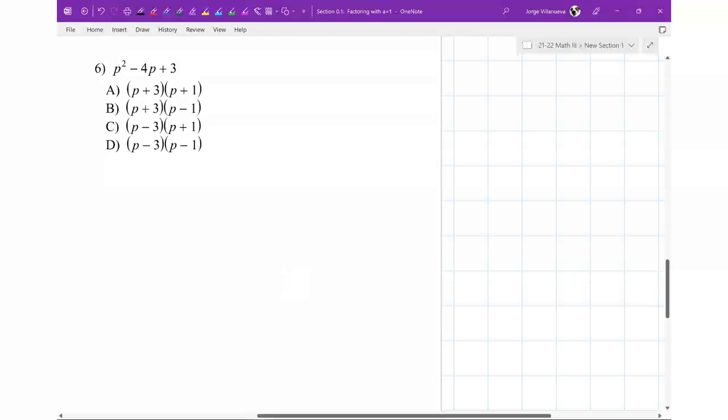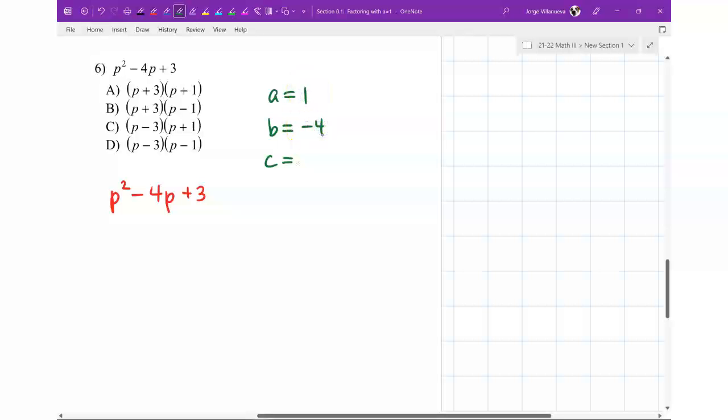P squared minus 4p plus 3. And again, I like writing my ABCs. So A, B, and C. So what numbers should I put in for A? 1. What about B?